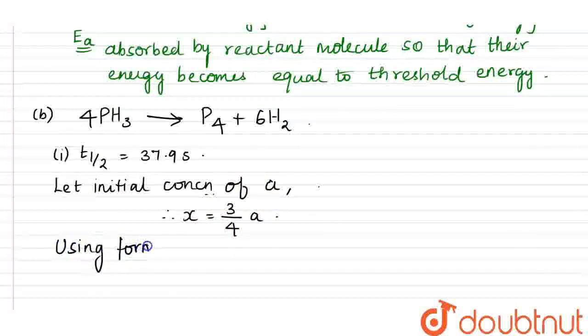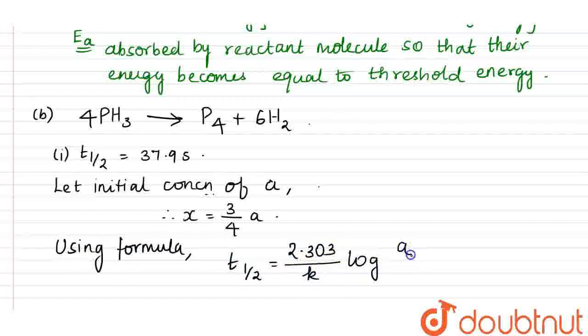Using the formula, t half is equal to 2.303 divided by k, log of a divided by a minus x, where a is the initial concentration and a minus x is the concentration after a time.